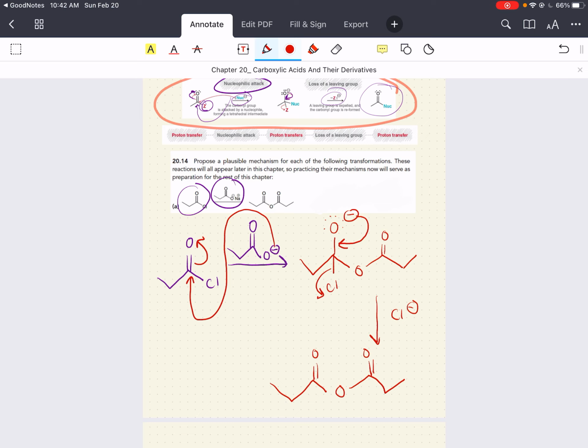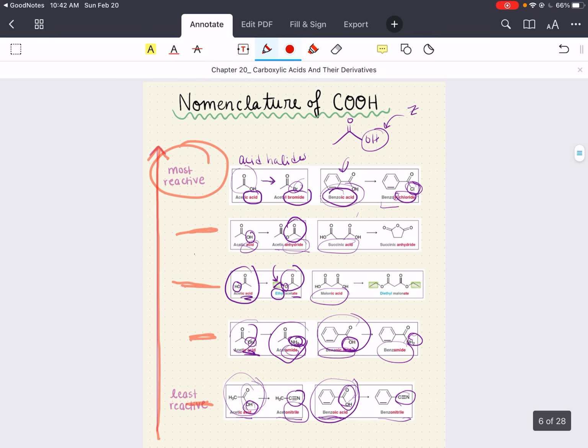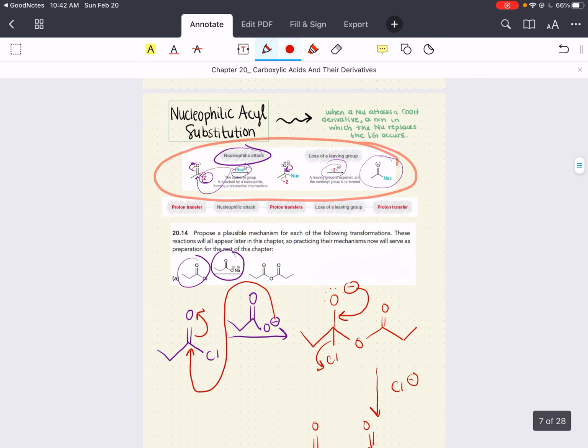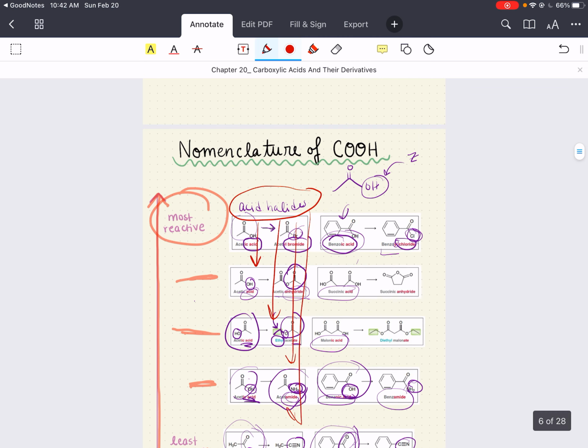Notice the reason why, if you start with an acid halide, your most reactive carboxylic acid derivative, you can convert it to any one of these: if you attack it with the group that is going to form your anhydride, as in this synthesis problem, your chlorine is your best leaving group and will leave, so you can form this anhydride.